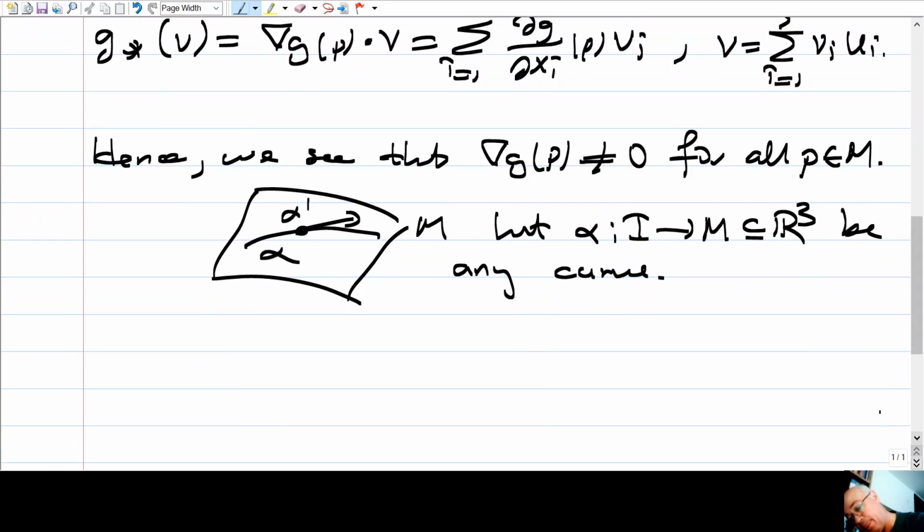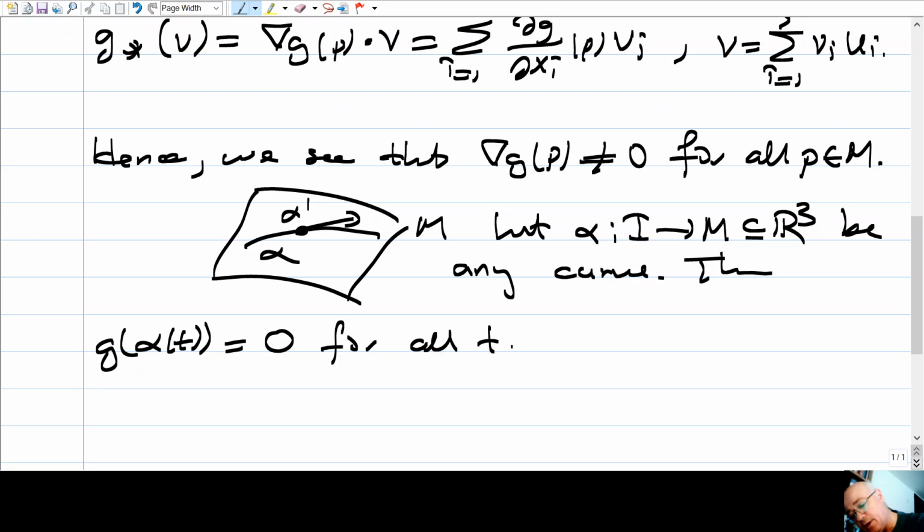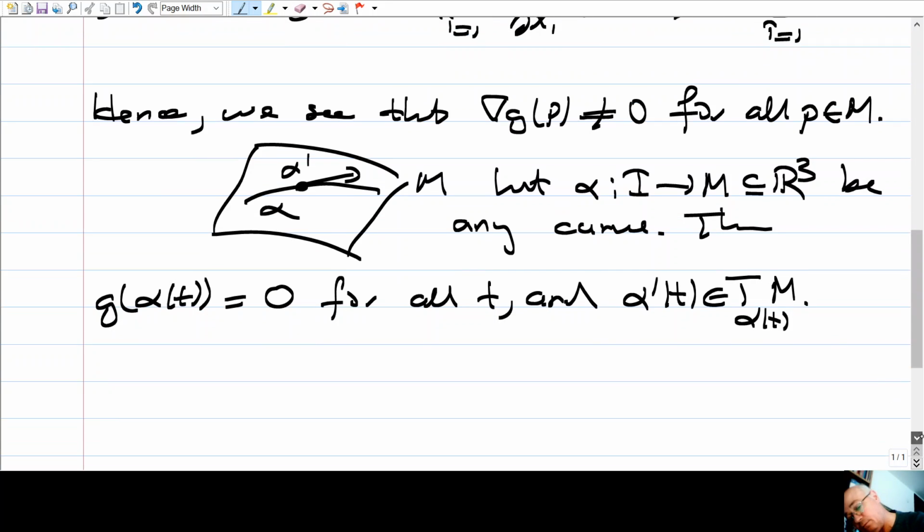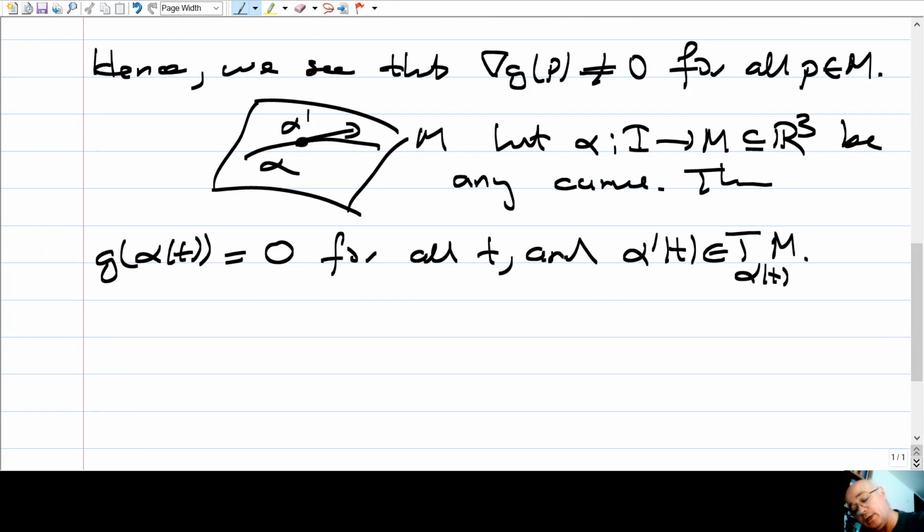Then I have g of alpha t, of course, this is on the surface M, therefore this is 0 for all t. And we know that alpha prime t is a vector at the point alpha t to M. Now let's take the derivative of this equation.